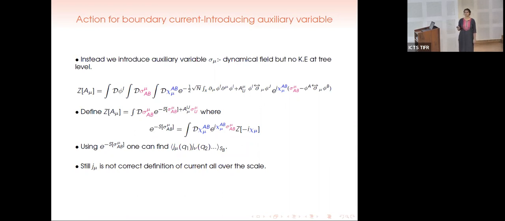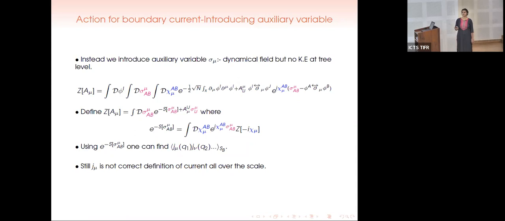Because of this form, one can always find the correlators from this e to the power S lambda mu. This is just like a Fourier transform of Z, and from Z one can always find the correlators. So e to the power S lambda is our candidate for finding the ERG equation.